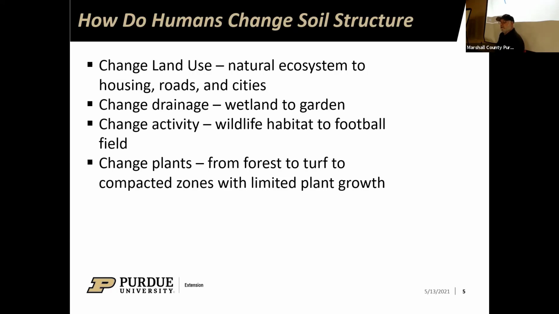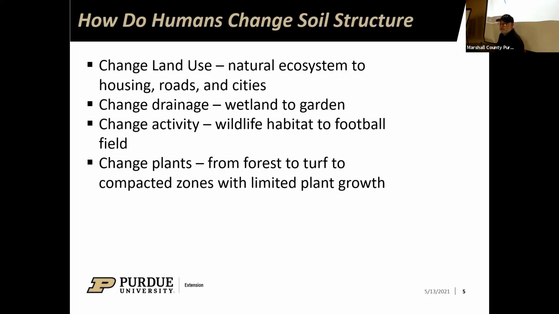So that soil map that I showed you within RCS will actually show you what soil was present before these things happened. But you need to take into account as a landowner how these changes impacted the soil that's currently present.